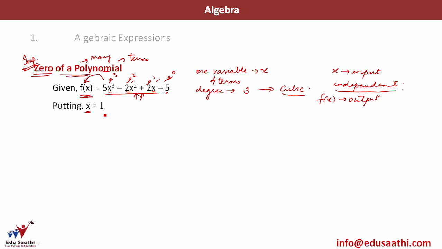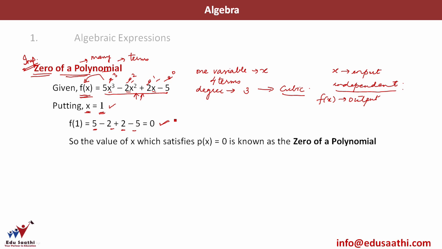If I put different values of x, let me start with x is equal to 1. If I put x is equal to 1, the expression would be 5 into 1 cube, which is 1, minus 2 into 1 square, which is minus 2, plus 2 minus 5. If I solve this, the output that I am getting is coming out to be 0. Such an input for which the output comes out to be 0 is known as zero of a polynomial.